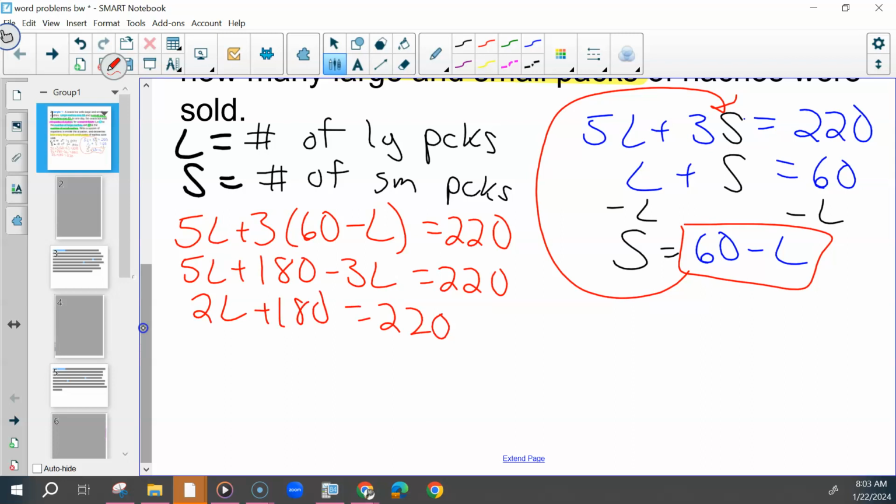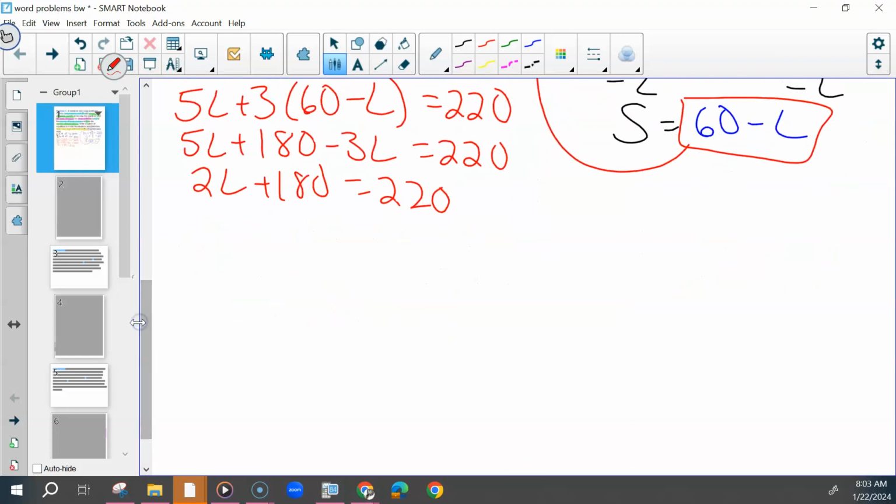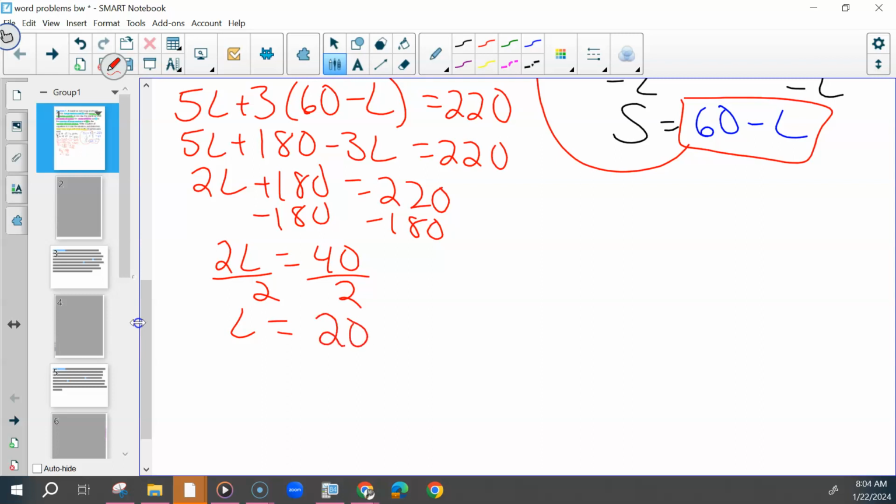Get rid of 180. How many packs of large nachos do we have? 20. And make sure you're putting that label: 20 large packs of nachos, or 20 packs of nachos.